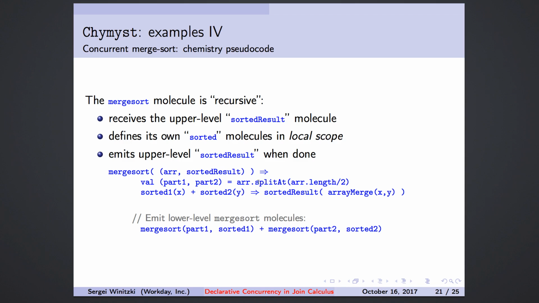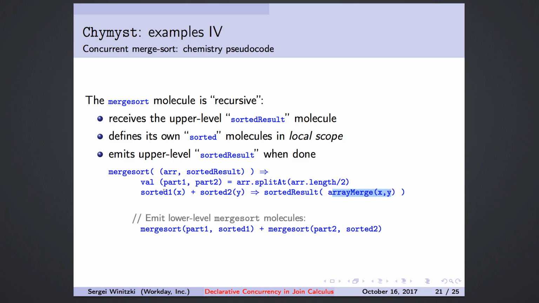So suppose we have this function, split at. So we split it into two parts. Now, what next? Well, we need to sort all of these. Somehow we need to sort the two parts and then merge the results. So how we do that is not clear, but the result must be emitted like that.